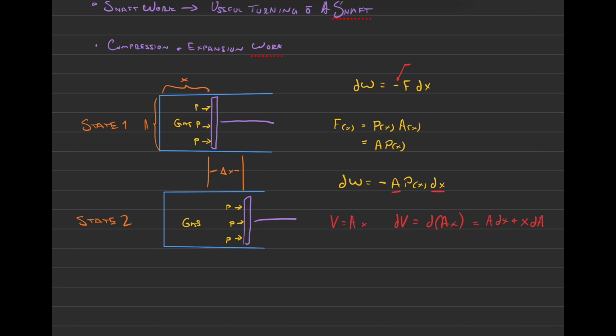And again, we said A is a constant, so we end up with dV equals A dx, which just so happens to be what's in the work equation above. So in the end, plugging and chugging here, we get differential work added to the control volume is the negative pressure times the differential change in volume.